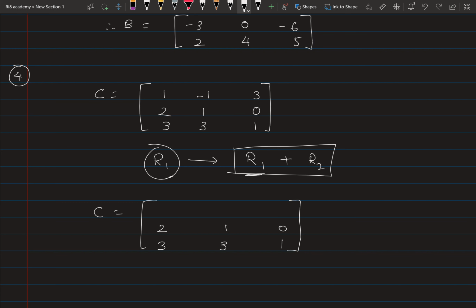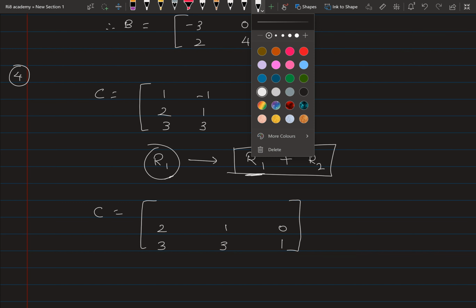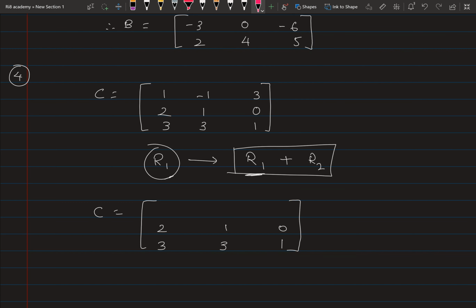Okay, now addition of R1 and R2. So R1 is this row. I will just mark it with some other color. So this is my R1, and this is my R2.